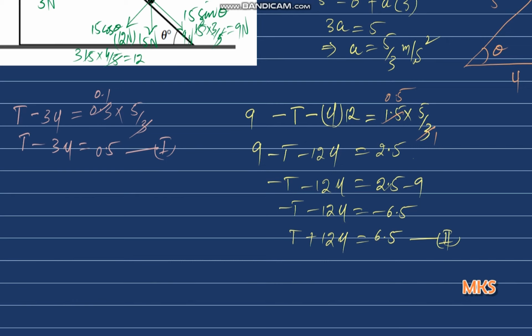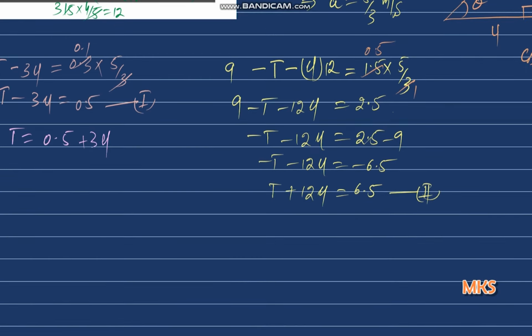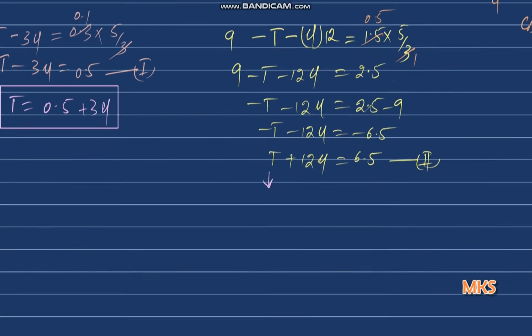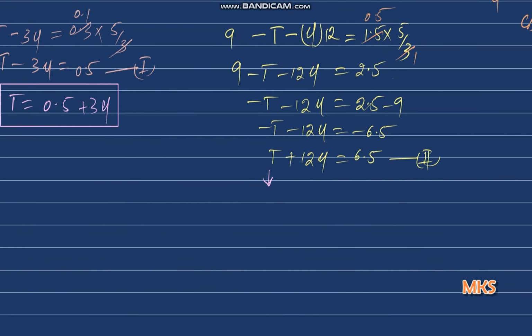Let's take T from here. So T is 0.5 plus 3 mu. At the place of T, we put this value of T, because we have to find mu only, no need to find T here.